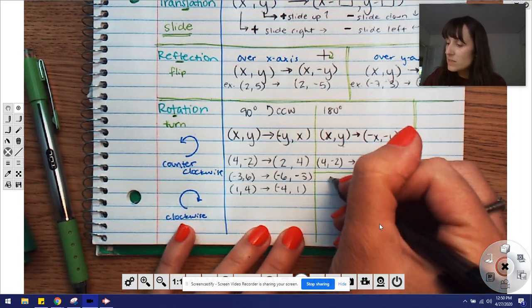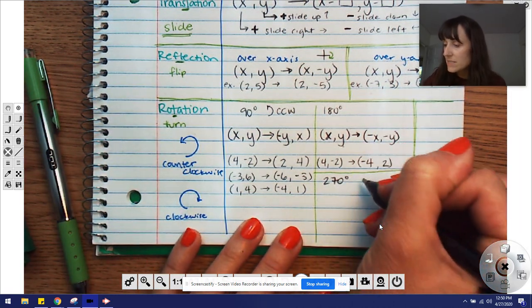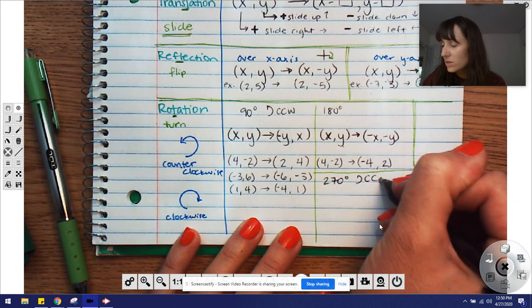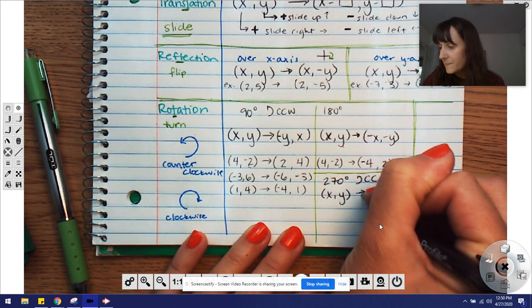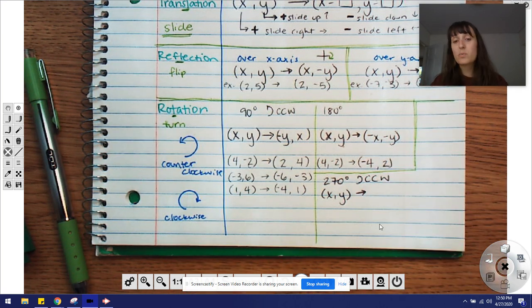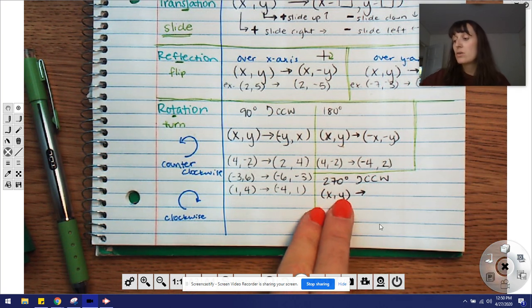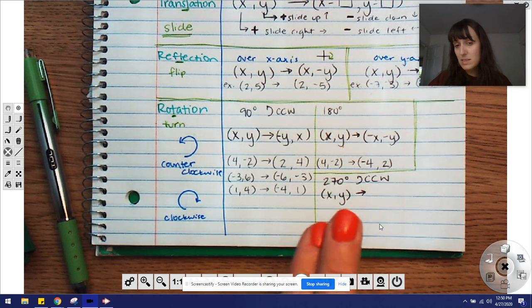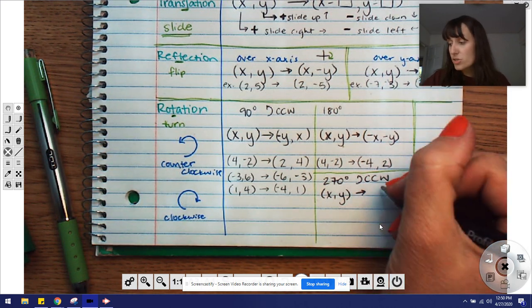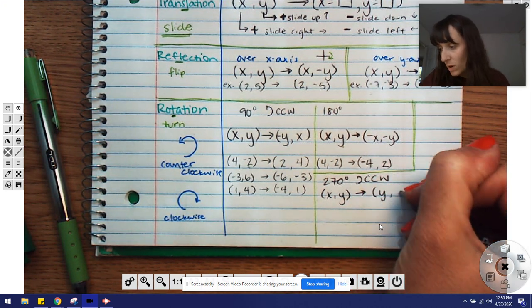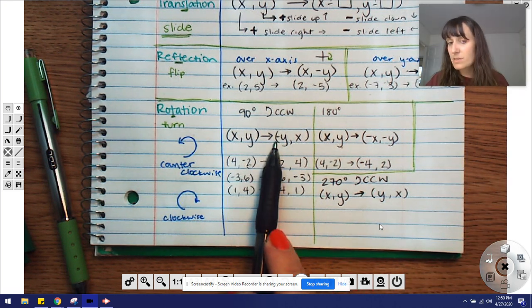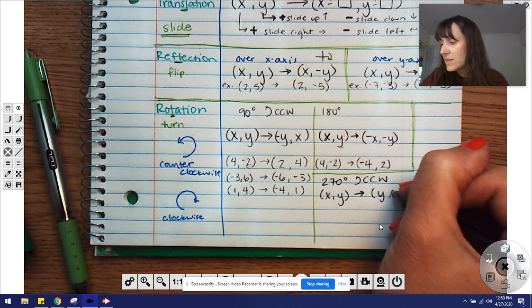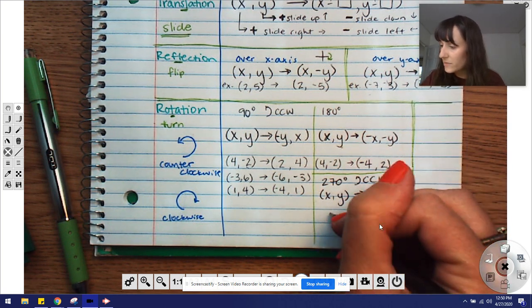The last one is when we have a 270 counterclockwise rotation, (x, y). These would again twist spots. x and y would interchange to become (y, x), but this time, instead of the first number becoming negative, the second number becomes negative.